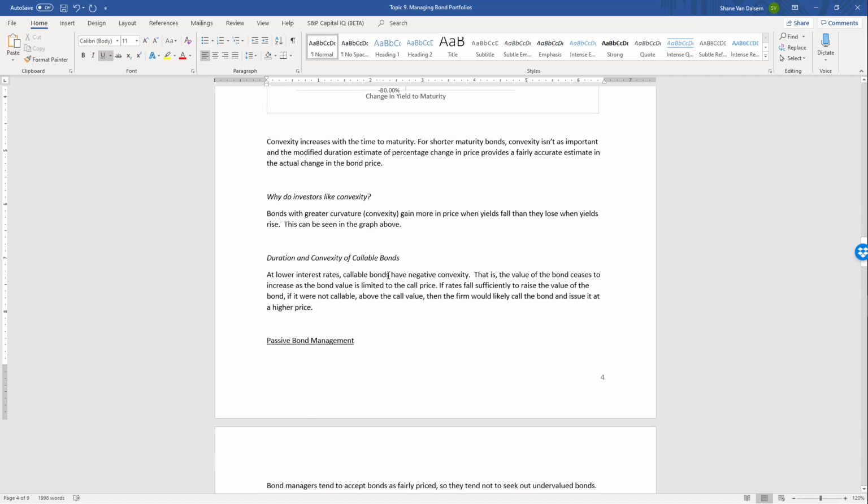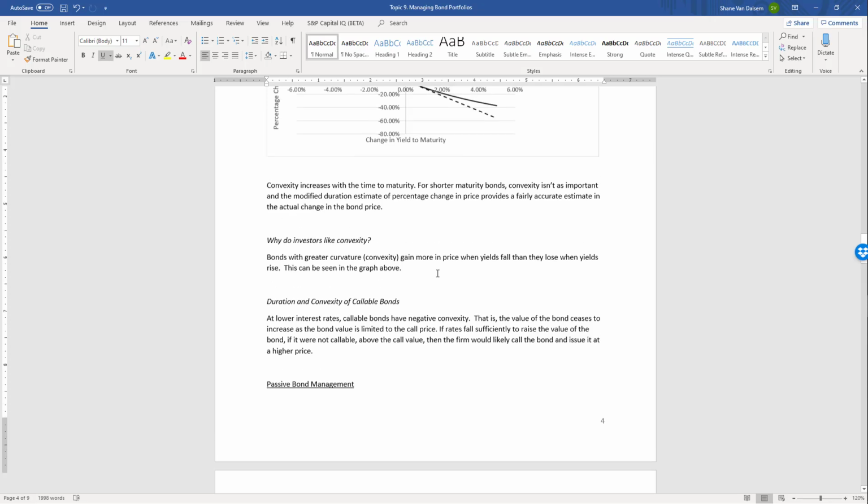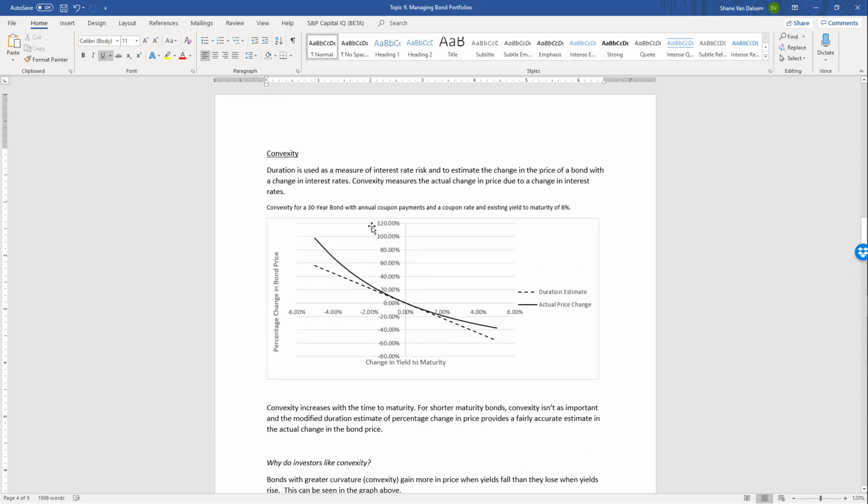Duration and the convexity of callable bonds. Now remember, with callable bonds, the bond can be called and the investor would receive the call price, which is the par value plus the call premium. So we might say in this case, since the coupon rate is $80, that they might get an additional coupon payment if the bond's called early.